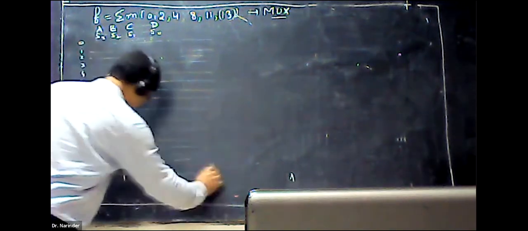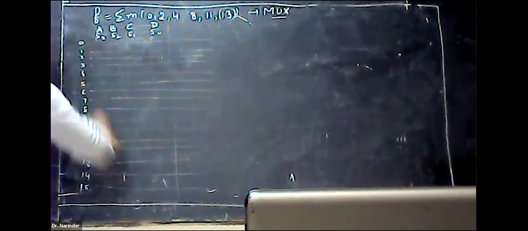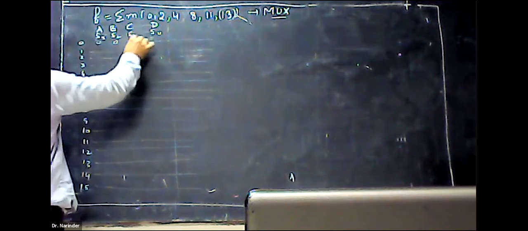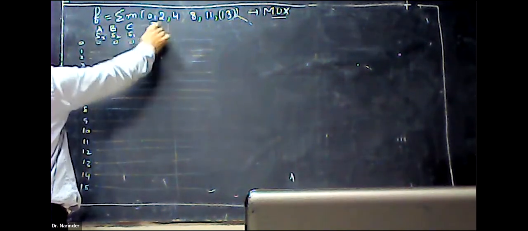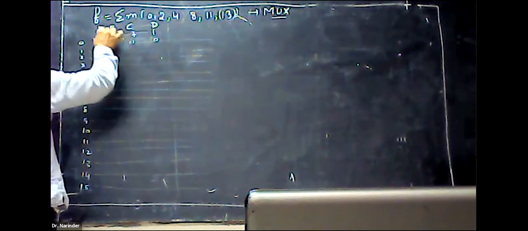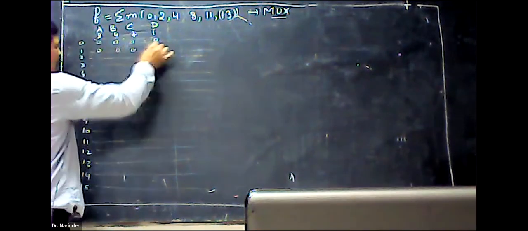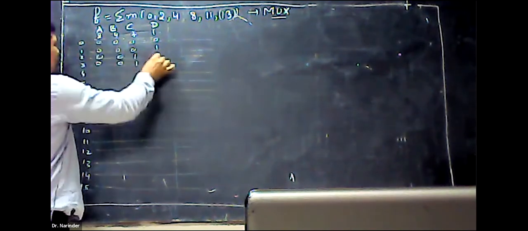See, you have to number it according to weight: 1, 2, 4, 8. This is 0. Then this is 1, under 1 there is a 1. Under 2 there is a 1. 3 is a combination of 2 and 1.